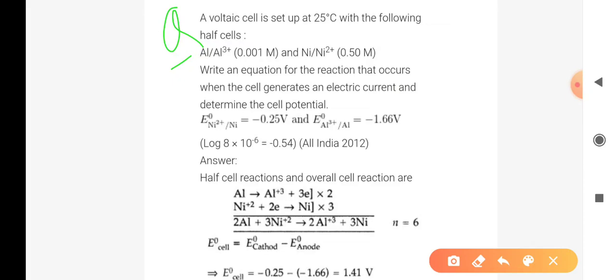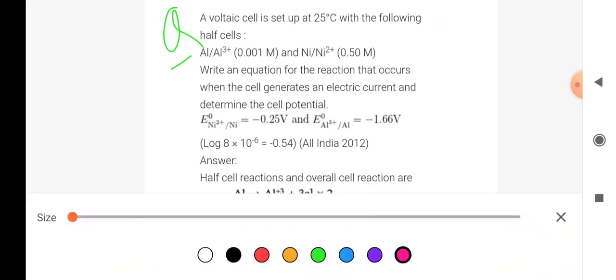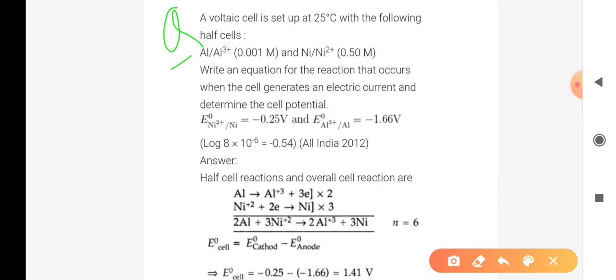Students, first I am going to tell you how you have to solve these types of numericals. In this numerical, it is asked to write the cell equation. If it is not asked, then also you have to write the cell equation first of all.